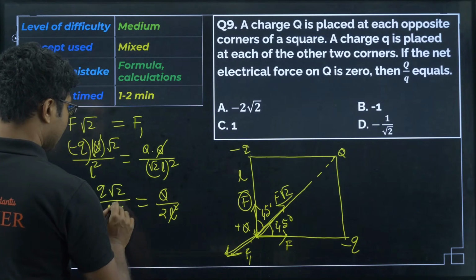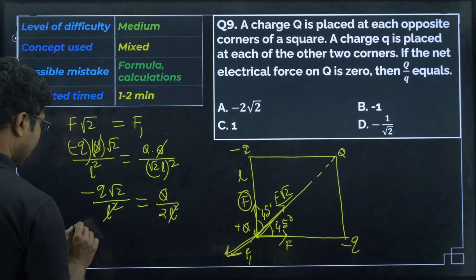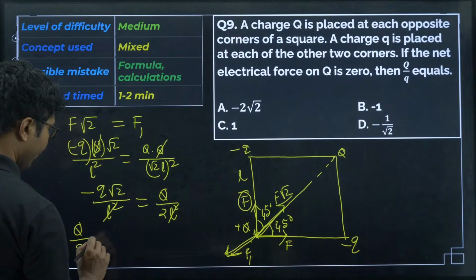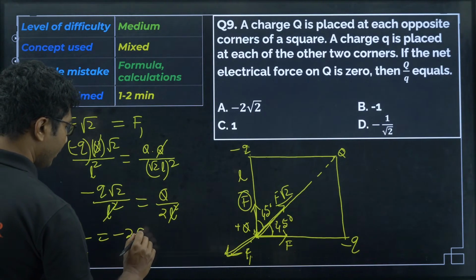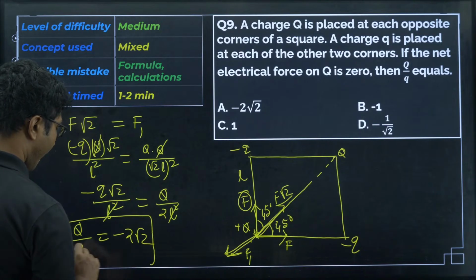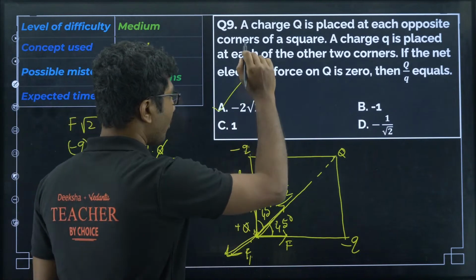L square also cancels, so Q by q is minus 2 root 2. This answer is option A.